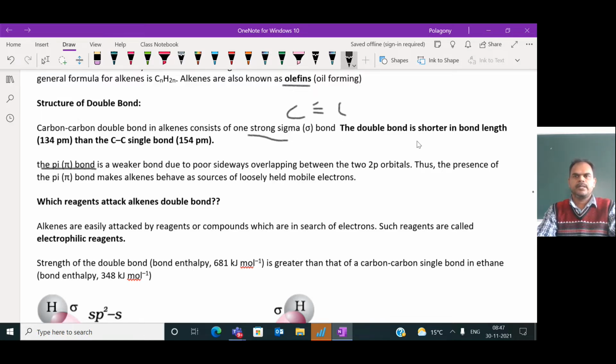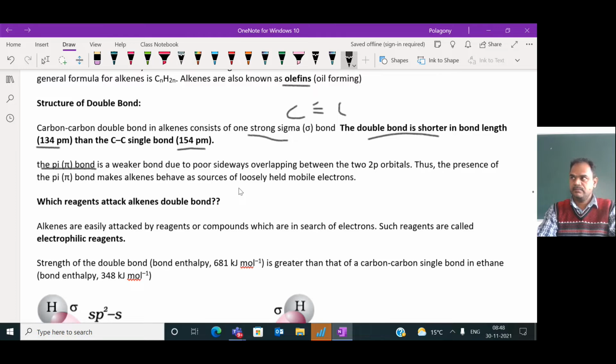The double bond is shorter in bond length, whereas a single bond is longer. The double bond length is 134 picometers, whereas the single bond length is 154 picometers.